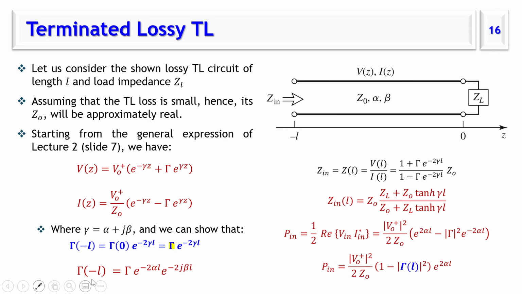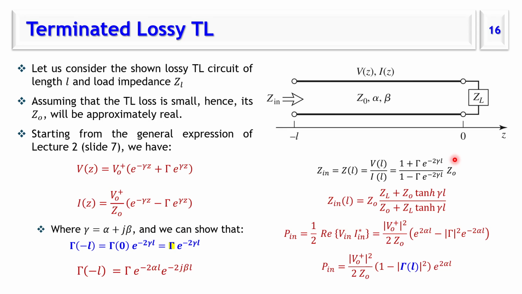From the expression of the reflection coefficient at the input, we can come up with the expression for Z input, or we can just reuse the expressions that we had before, replacing j beta with alpha plus j beta.